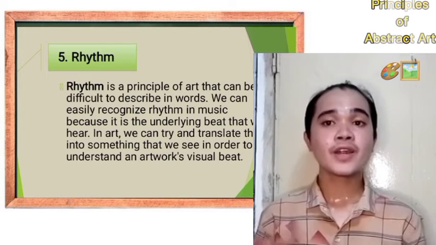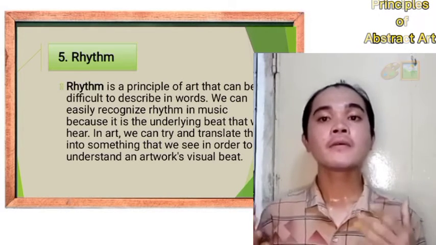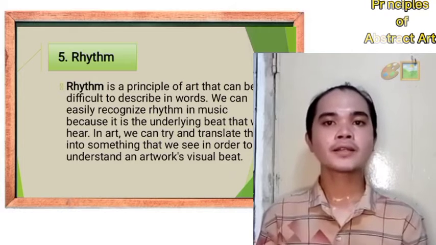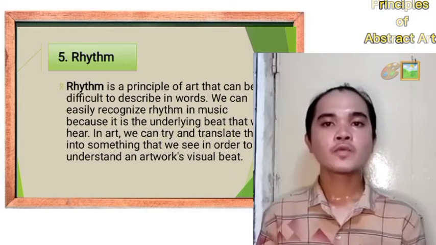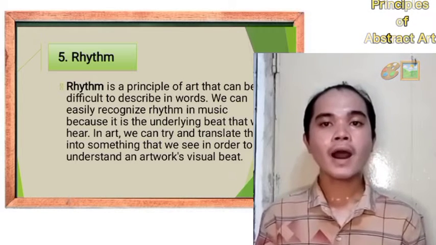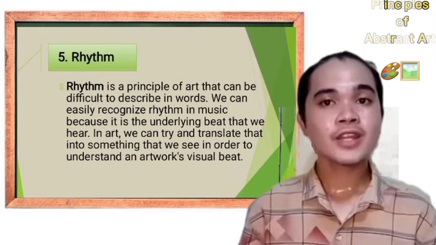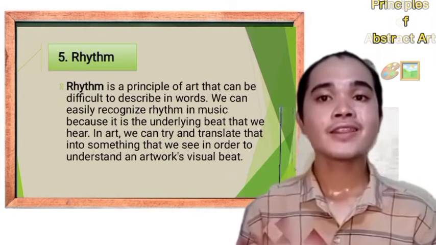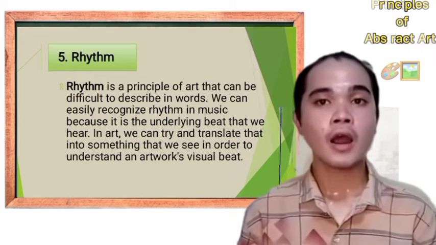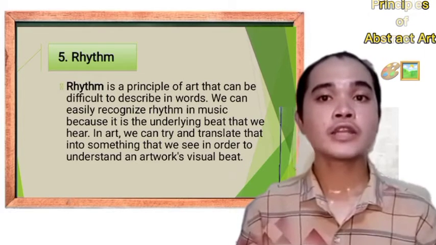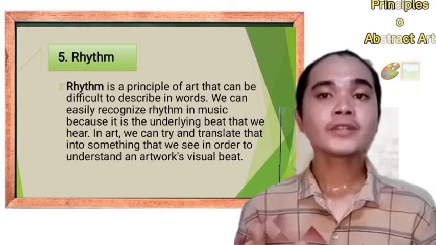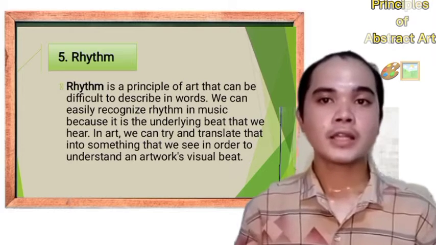Lines can produce a rhythm by implying movement. Forms too can cause rhythm by the ways in which they are placed one next to another. Really, it is easier to see rhythm in just about anything other than visual art. This is particularly true for those of us who tend to take things literally.